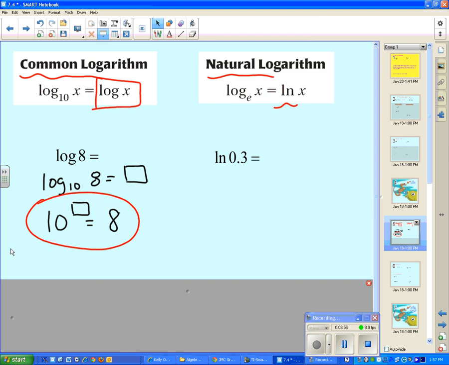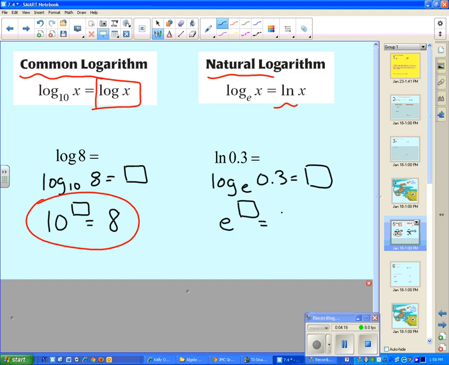All right? Let's do the other one. So ln of 0.3. What's ln again? Log base e. Okay, don't put it in your calculator yet. Stop punching in. Let's think about this one before we go on. Log base e of 0.3 equals what? That means that e to some power equals 0.3.